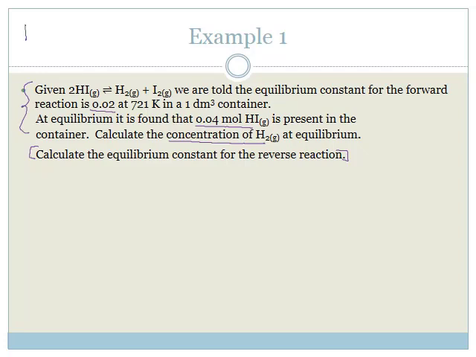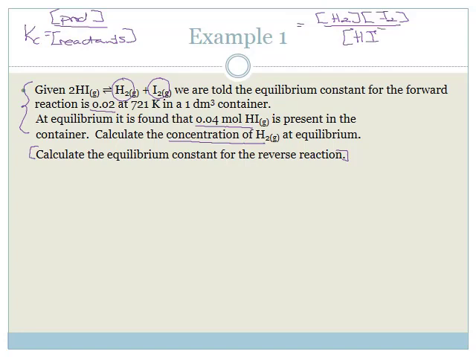So we know that Kc is the concentration of the products over the concentration of the reactants, okay? In this case, the products are hydrogen and iodine. So it's going to be the concentration of the hydrogen times the concentration of the iodine, over the concentration of the reactants, which is your hydrogen iodide.